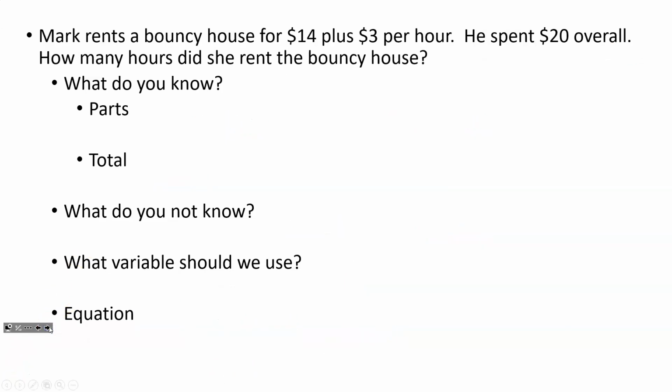Okay, next one. Mark rents a bouncy house for $14 plus $3 per hour. He spent $20 overall. How many hours did he rent the bouncy house? What do we know? Well, we know it was $14 for the bouncy house.